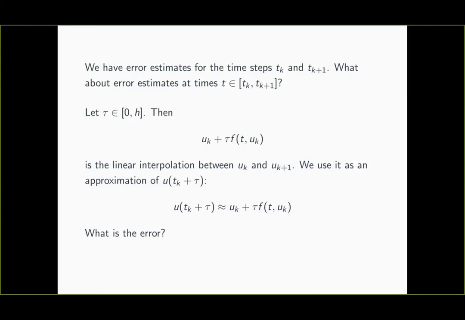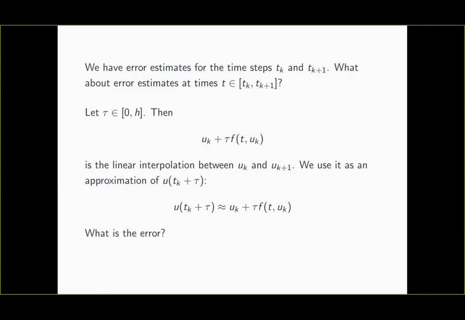So let's suppose I am interested in approximating the exact solution at a time t between tk and tk plus 1. Now, typically we use linear interpolation between these time steps to get an approximation of the solution u between them.